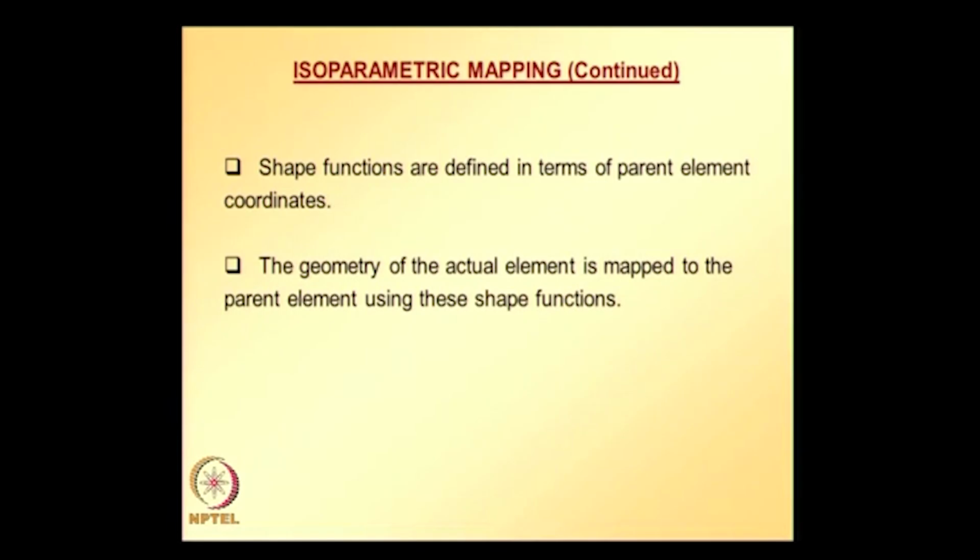Then geometry of actual element is mapped onto the parent element using these shape functions. If you recall, earlier we have written x is equal to sigma Ni times xi for one dimensional problem. Similar kind of expressions we can write for two dimensional problem, except that for two dimensional problem we have x and y coordinate system.